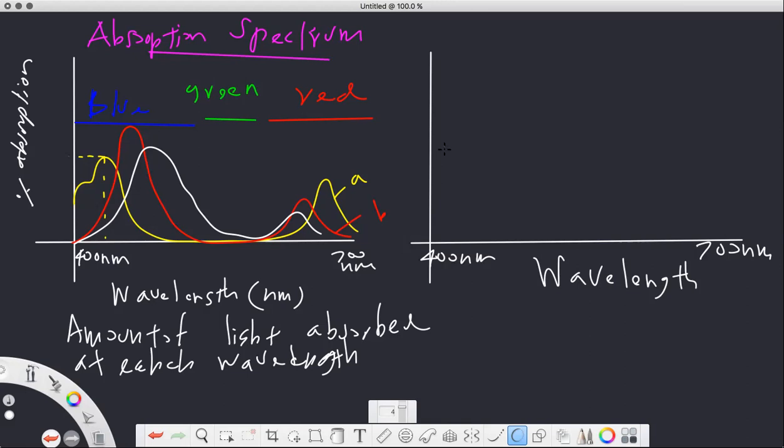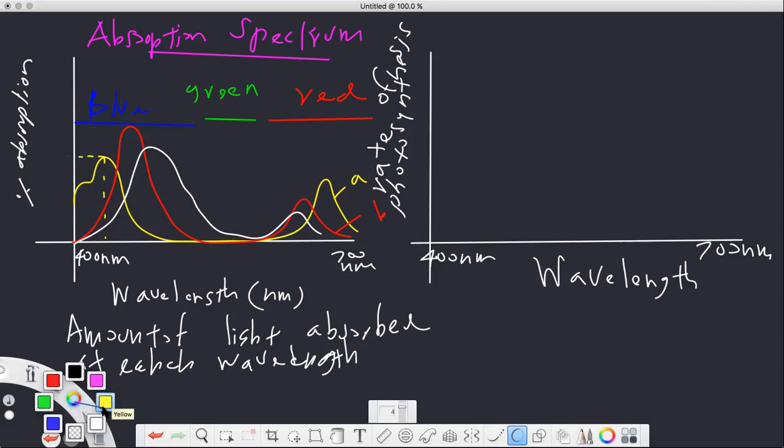Now on the y-axis, we're going to add a different label, that is the rate of photosynthesis. If we want to add the rate of photosynthesis by looking at the first graph, we can make a conclusion.